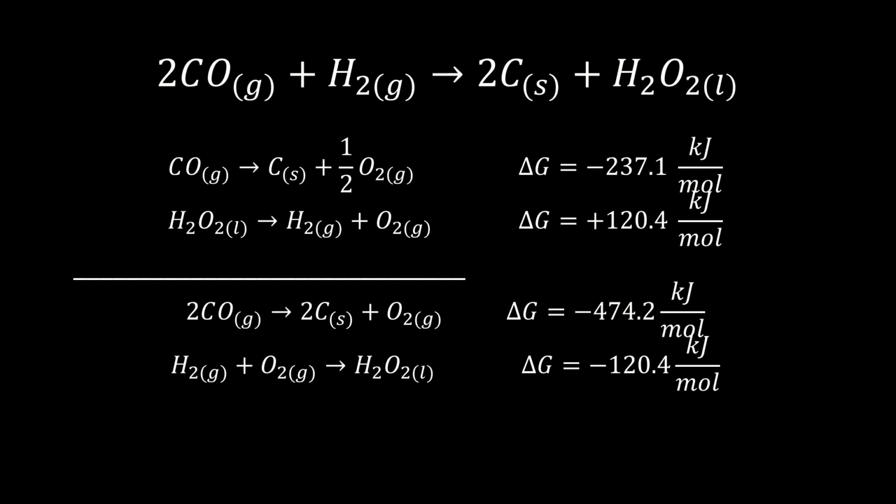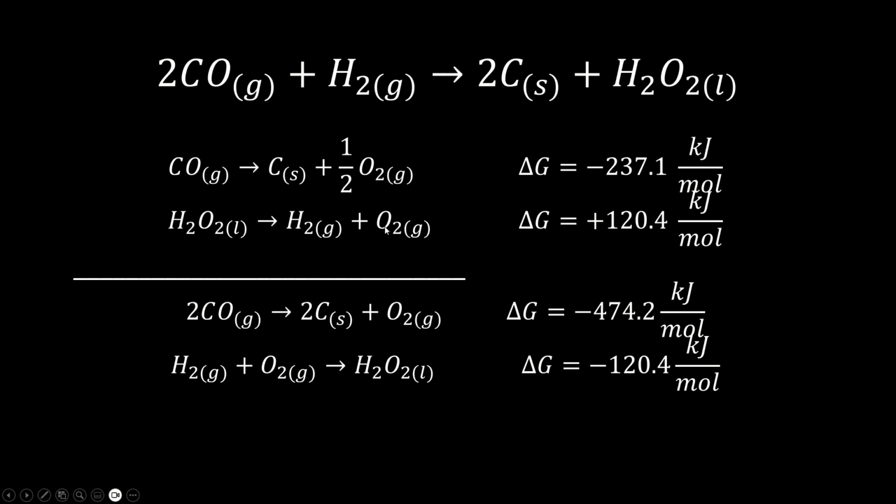Our next subreaction has 1 mole of hydrogen peroxide in the liquid phase. Our main reaction of interest only wants to account for 1 mole of hydrogen peroxide in the liquid phase. So check. Let's not multiply this reaction by any number. However, in our known reaction, hydrogen peroxide is a reactant. We want it to be a product. So in this case, let's just take the reaction in the reverse direction.